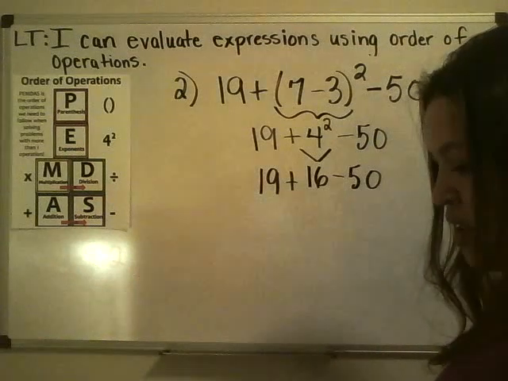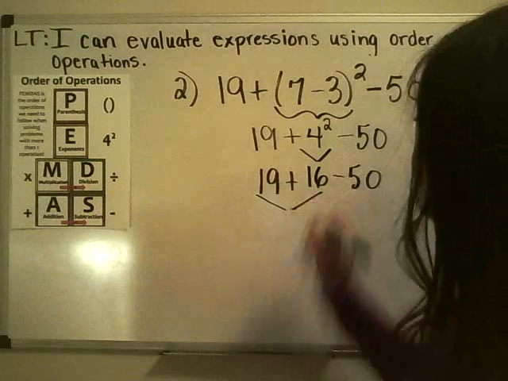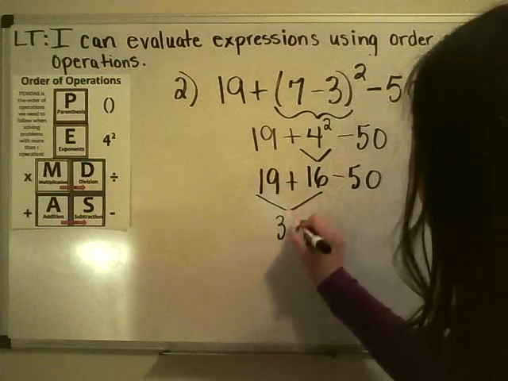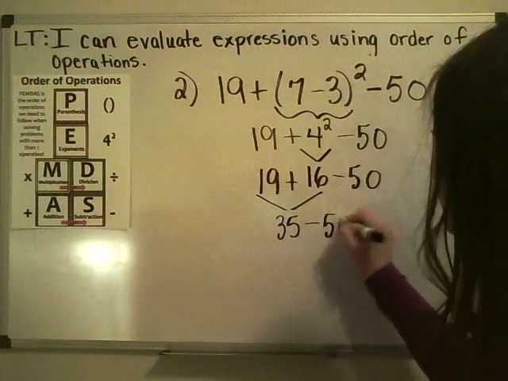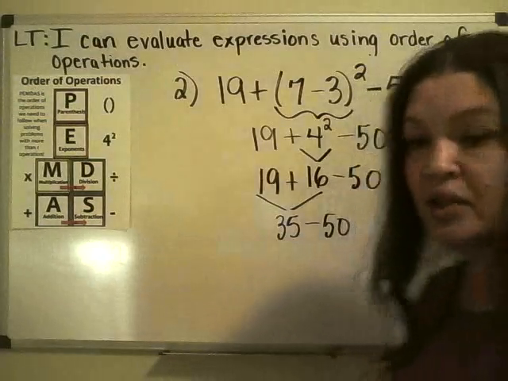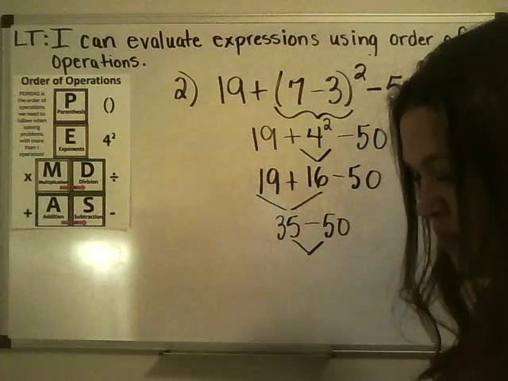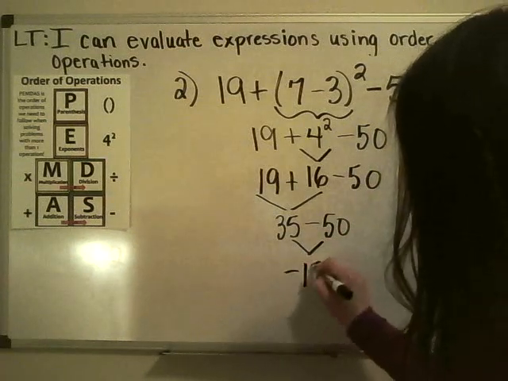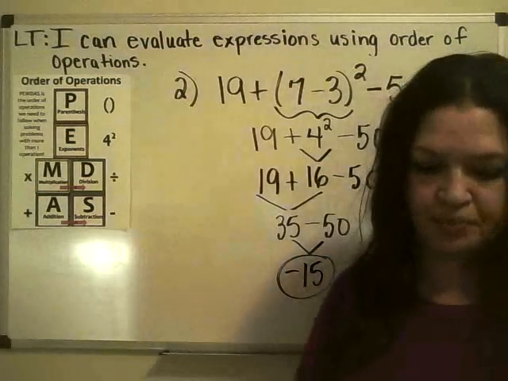So obviously the next part that needs to be solved is 19 plus 16, which is 35, minus 50. And yes, you are going to get a negative number here. 35 minus 50. Your solution is negative 15.